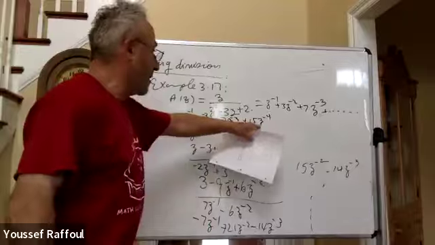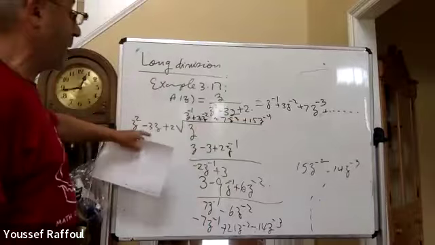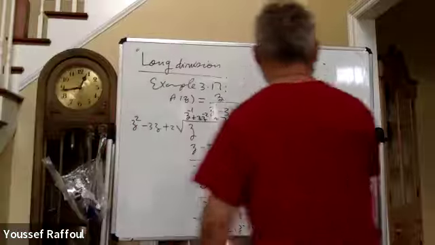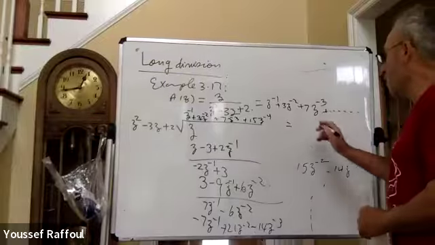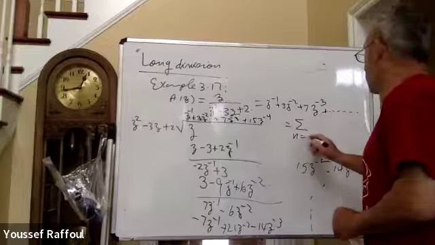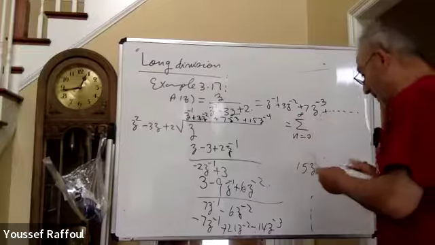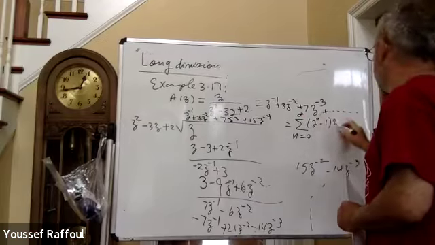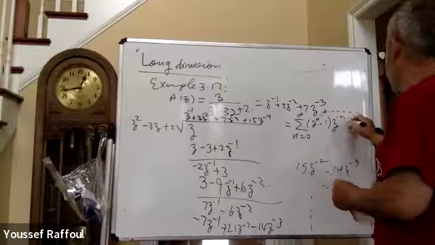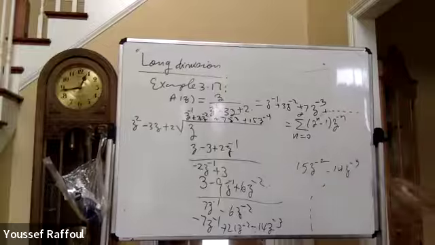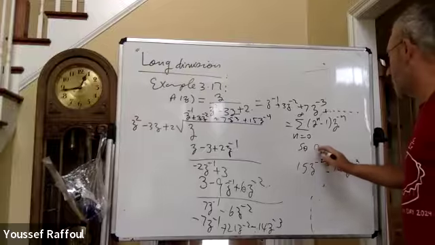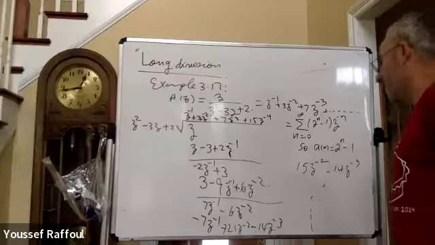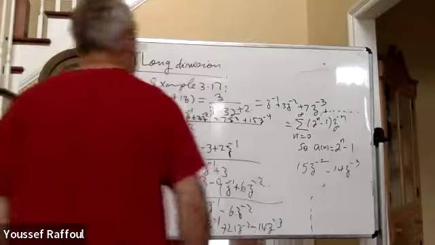If you multiply by 15z to the minus 4 times z squared, this will cancel out, and then you will see what you have. So this is equal to the sum from n equals 0 to infinity of 2 to the n minus 1, z to the power minus n. And so a_n is 2 to the power n minus 1. Okay?